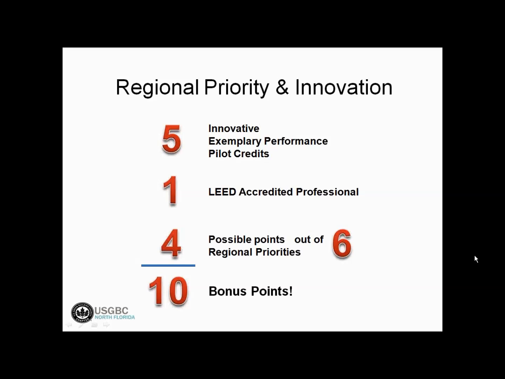Get to 30% water use reduction, we're going to give you an extra point, or 25% or whatever it is. So you get your point just for already doing what you were going to do in LEED. You get your normal points, you just get a bonus point for doing those things, up to 4 of them out of the 6. So even if you did all 6, you only get 4. You don't have to do anything else, it's just we're going to give you a bonus point for these things if you happen to achieve them.